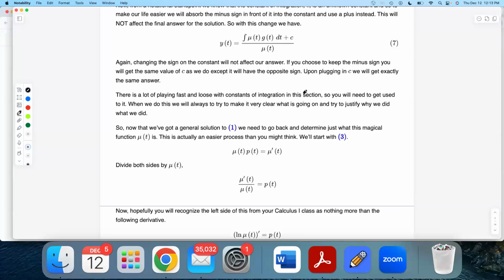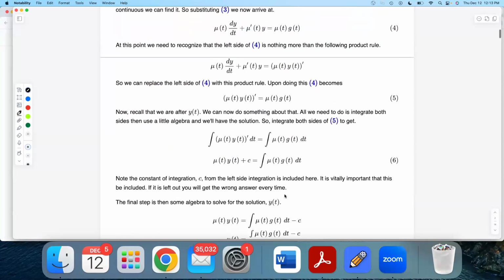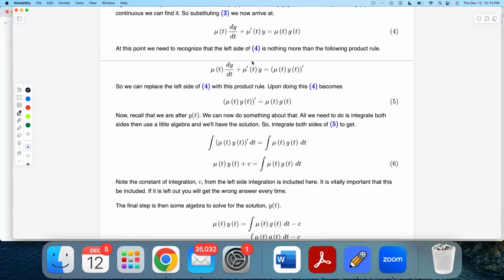Okay, now how do we find this mu? How do we find the integrating factor? This was our defining characteristic right here. This is what we wanted to happen so that this step right here would be true.